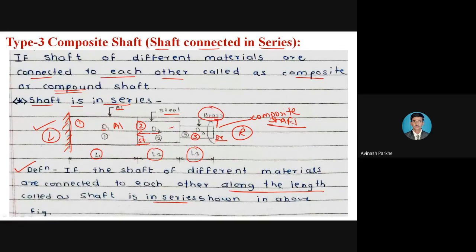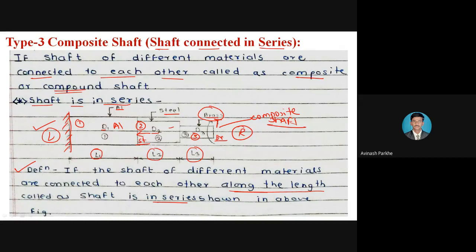Okay, that means torque remains the same, but due to the torque applied at the free end, twisting takes place in the shaft, and that twisting will not remain the same.